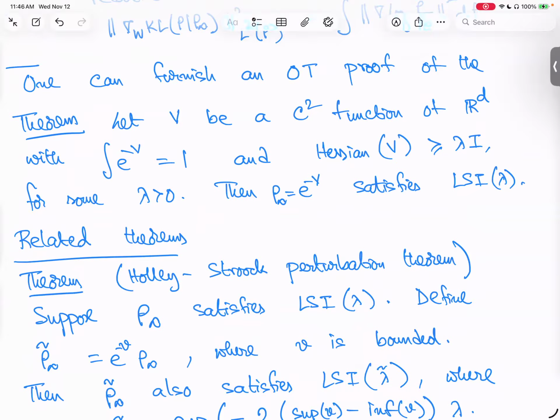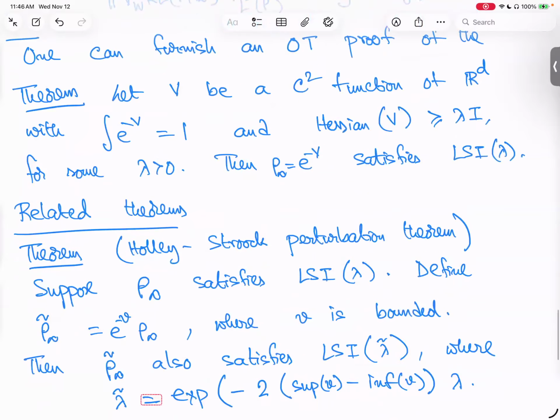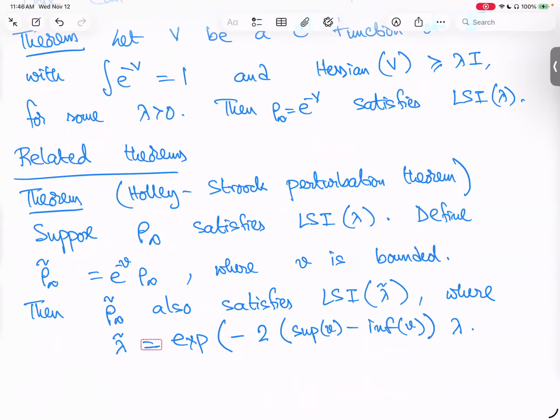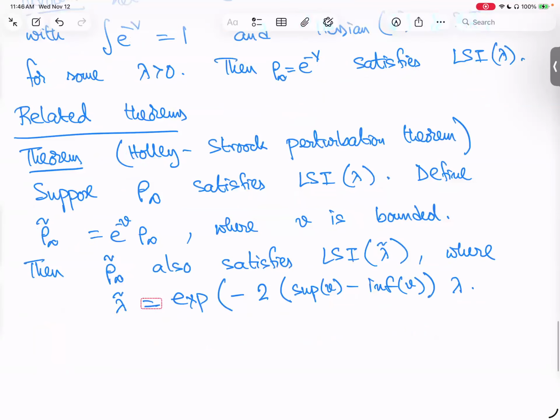Can I say that anything that satisfies logarithmic Sobolev inequality must be of this type? Well, Holley-Stroock says no, not quite. First of all, you can perturb it by some bounded functions, and that still satisfies logarithmic Sobolev inequality. But the next theorem says that it should at least have Gaussian tails. It must be sub-Gaussian to satisfy logarithmic Sobolev inequality. So that's my next theorem.